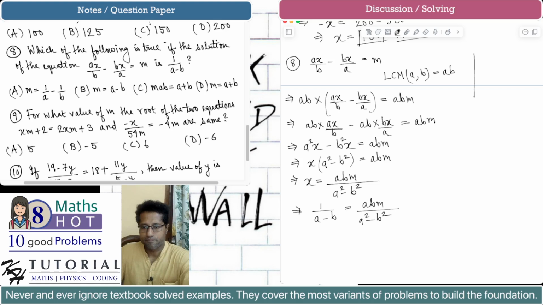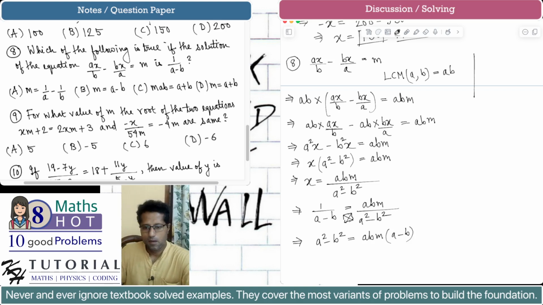Now we can do cross multiplication, and applying cross multiplication, we get a square minus b square is equal to abm multiplied by a minus b.